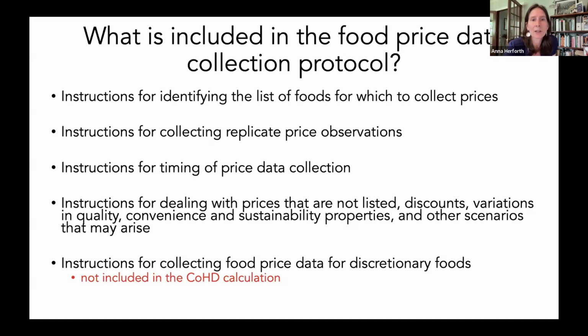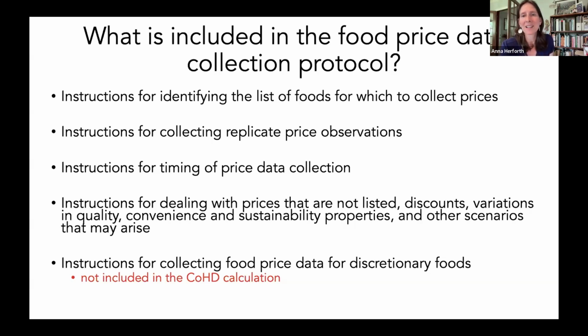So we have instructions for which foods to focus on, how to replicate price observations to get prices that are credible and realistic, the timing of price data collection, and instructions for how to deal with prices that aren't listed, discounts, variations in quality, as I mentioned, and different convenience and sustainability properties.